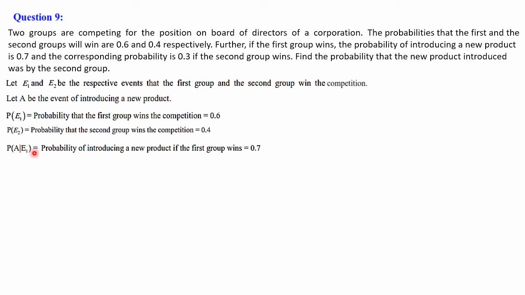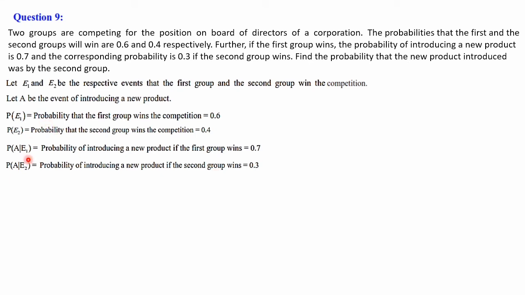So P of A given E1 is 0.7, as mentioned here. Next probability is 0.3, that is P of A given E2. That is very important: P of A given E2 means introducing a new product given that the second group wins. So P of A given E2 is 0.3.